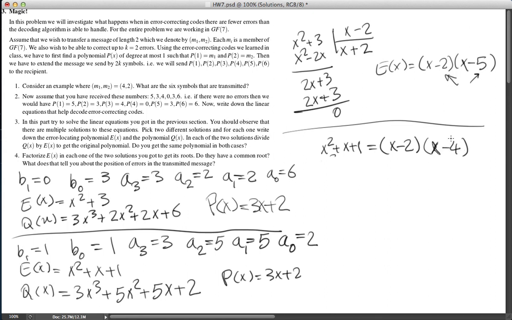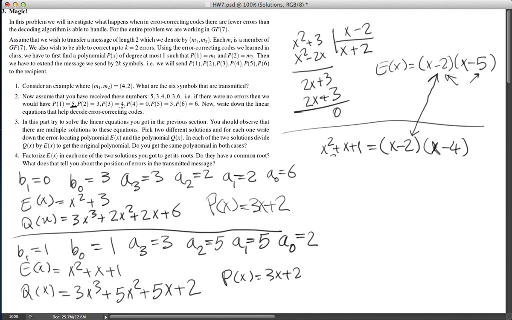Okay, so as you can see, both of our e of x's have the same root, which is 2. This is not a coincidence. If you write out the p of x that we have, 3x plus 2, you will see that it agrees with all of the symbols that we got in all the places.